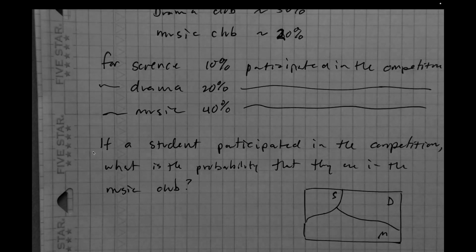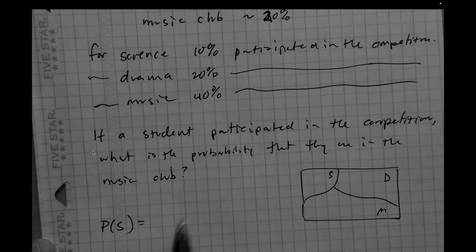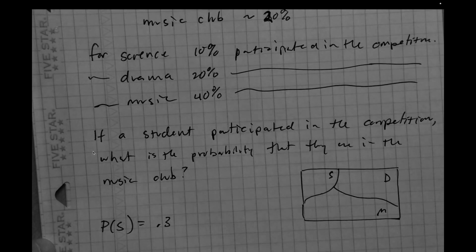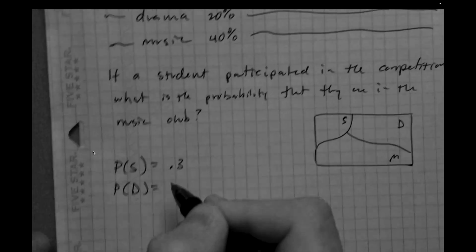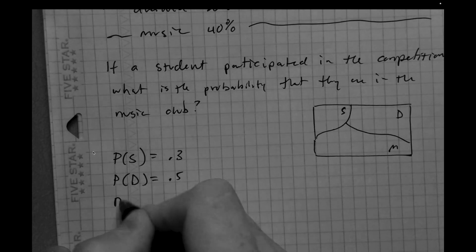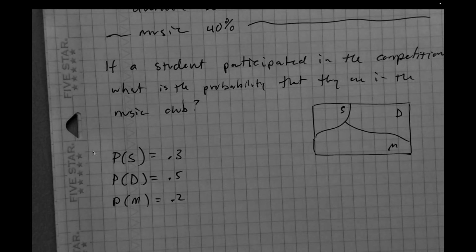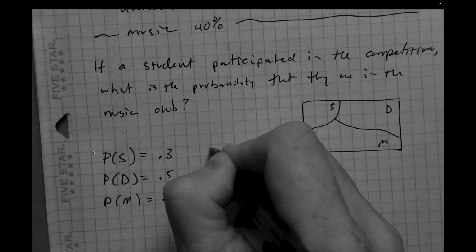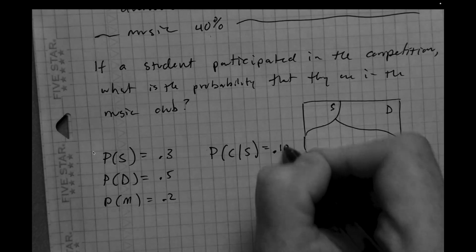Okay, so let's figure out what we know. The probability that you're in science is 30%. The probability that you're in drama is 50%. And the probability that you're in the music club is 20%. So we've got those pieces. We're also told the participation numbers for all of the different clubs. So we know that the probability that you competed, given that you were in science, was 10%.